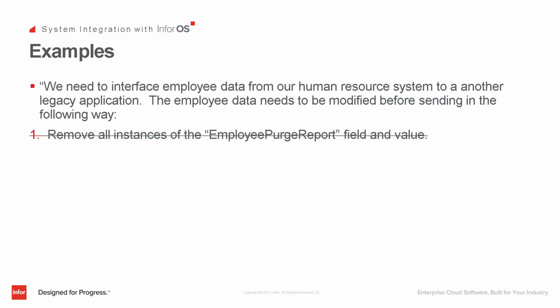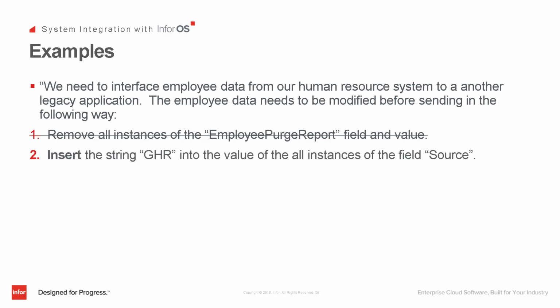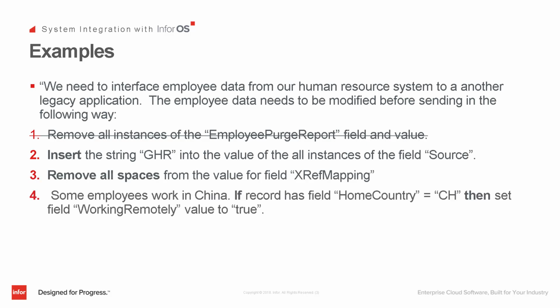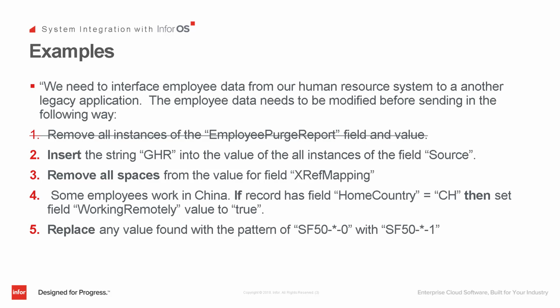We're going to continue with that hypothetical situation with some common string functions that people run into when dealing with system integration. We'll be inserting, removing, doing an if-then and finding some data. We're also doing a replace based on a pattern. And finally, we'll be doing a numeric function, increasing a field by 3%. Let's get started and see how this is done.